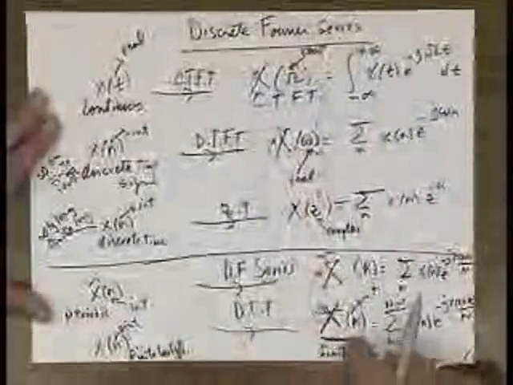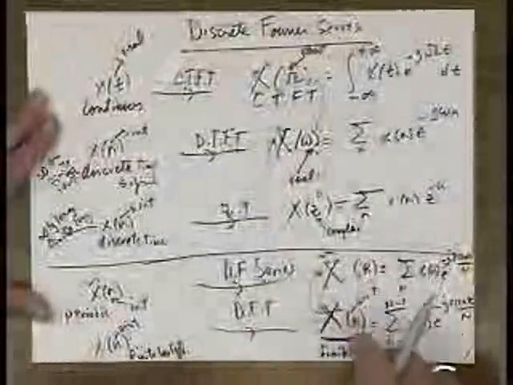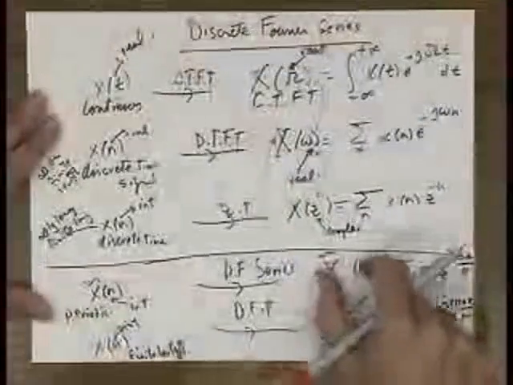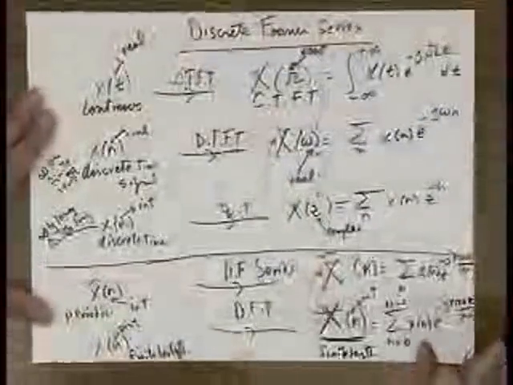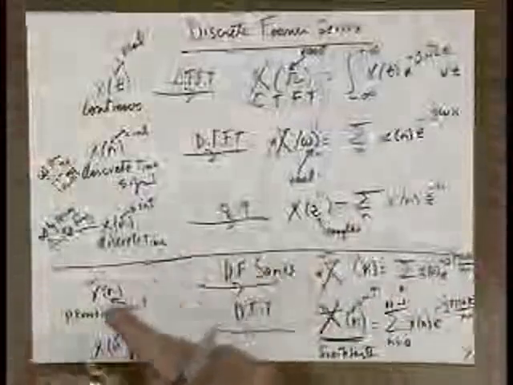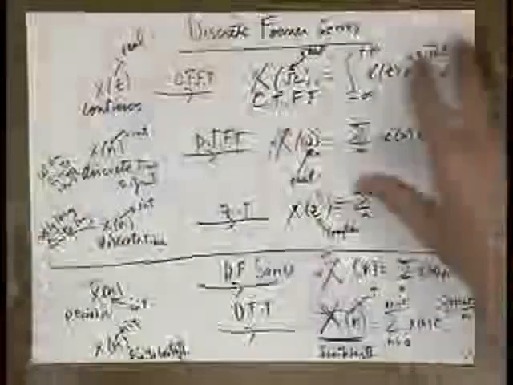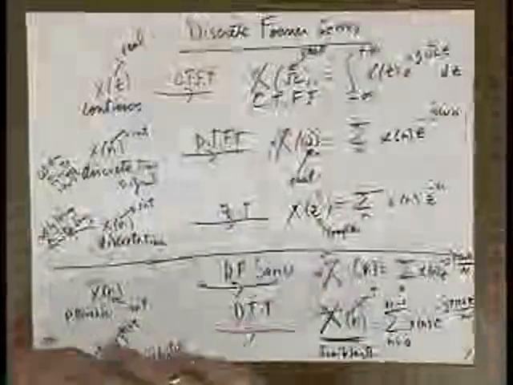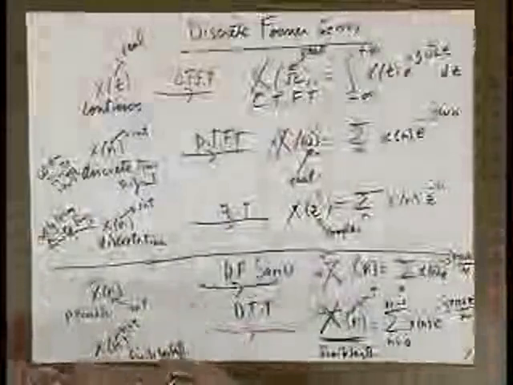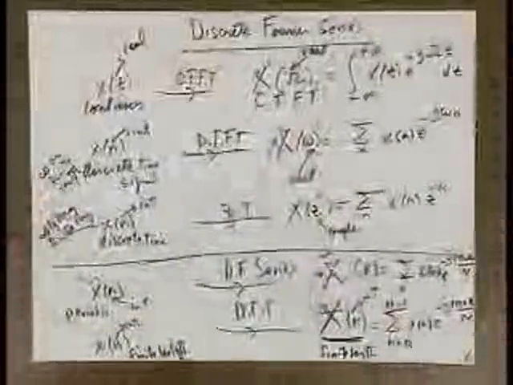DFT is nothing but equally spaced samples of x of omega, or it's just one period of discrete Fourier series. I'll explain all of these in a little bit more detail momentarily. Okay. So this sort of a one-page thing explains everything in one shot, if you will, and explains why we worry about DFT.